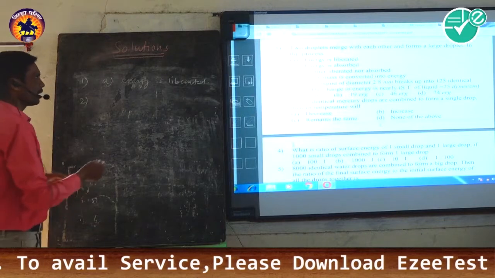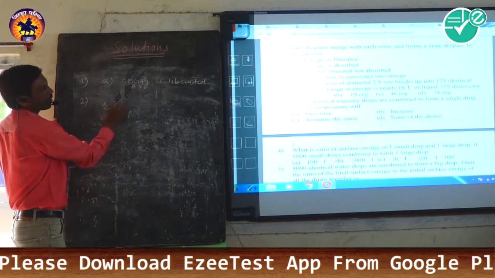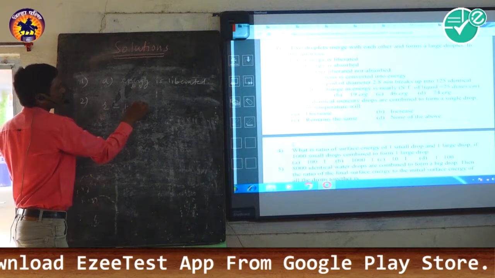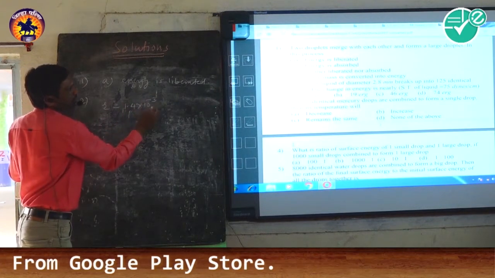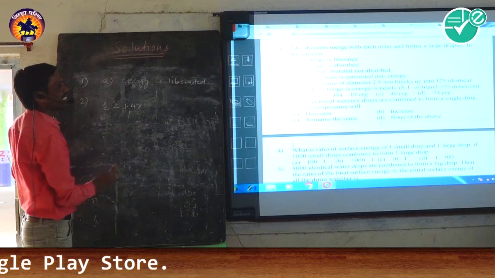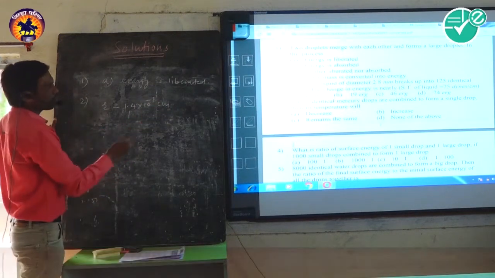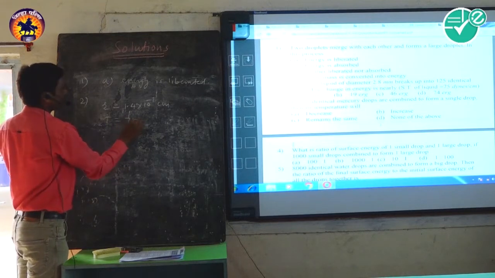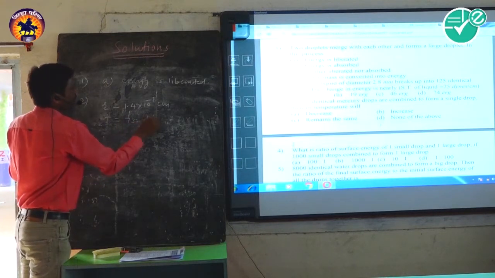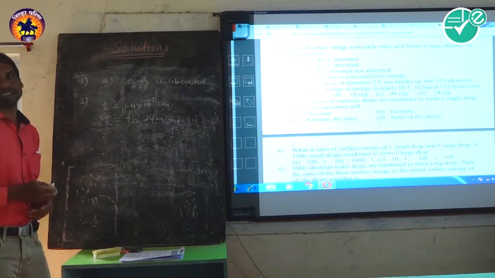Here the diameter is given, so the radius of the liquid drop is 1.4 into 10 raised to minus 3, or in CGS unit 1.4 into 10 raised to minus 1 centimeter. Surface tension T is equal to 75 dyne per centimeter, and we are to determine the change in energy.